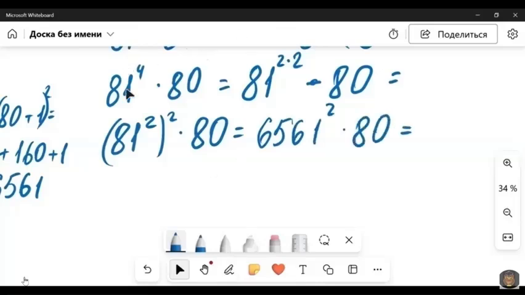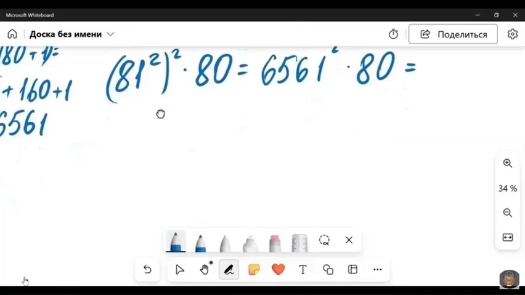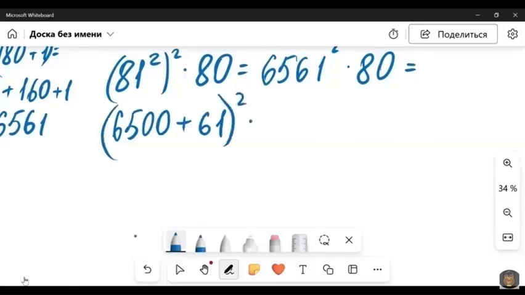There is a gradual increase in the number of the result in the previous action. 6561 is nothing special again, like 6500 plus 61, and we square the binomial and multiply by 80.